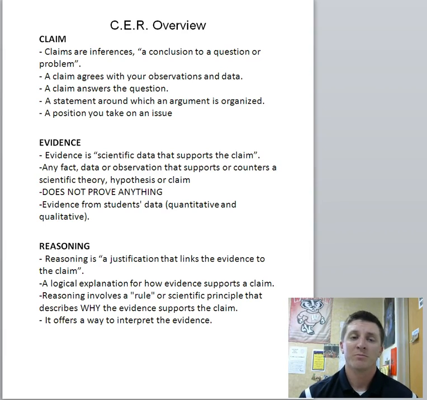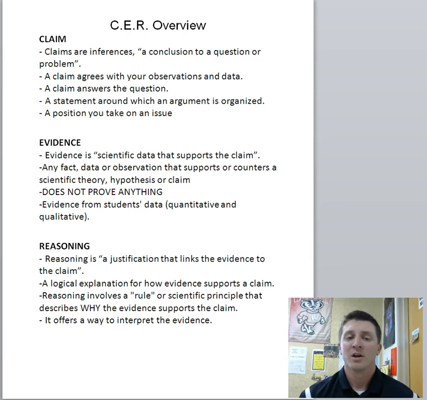So what is a claim? Claim is probably the simplest of the 3 components. These are inferences or a conclusion to a question or a problem that you pose in your lab. It usually agrees with your observational data and also answers the question. It's a statement in which the argument for what you're claiming is supported.